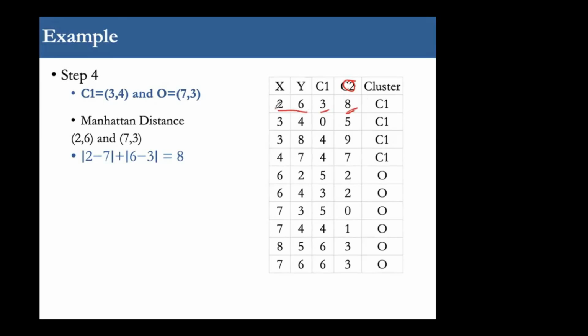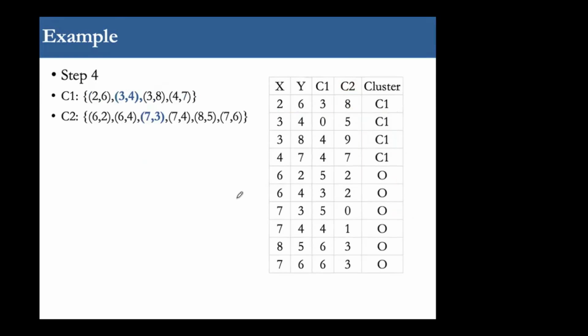So this particular data point 2, 6 belongs to cluster C1. Similarly, we have calculated other values also. Based on that, we have segregated whether the data points belong to cluster 1 or cluster O. Now after finding this, we need to recalculate the total cost.